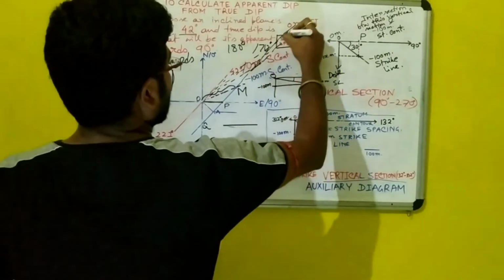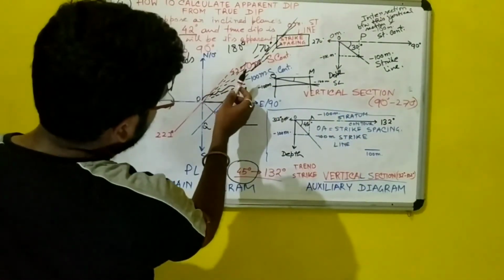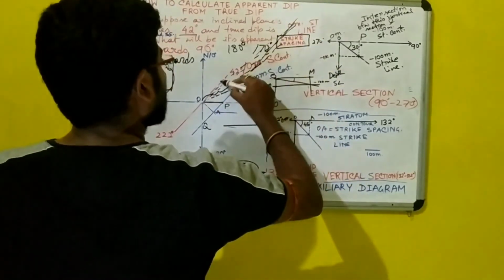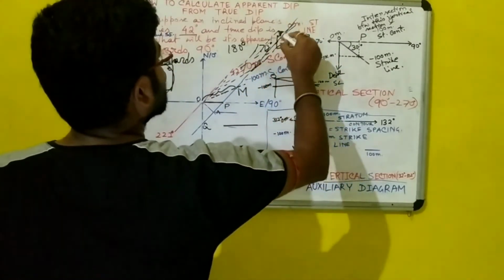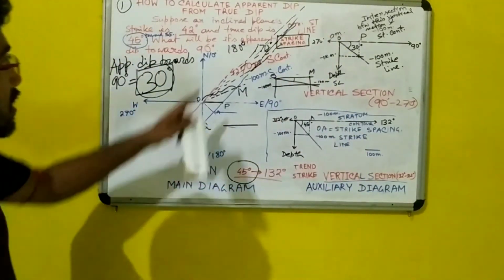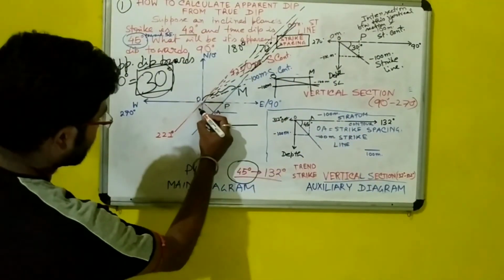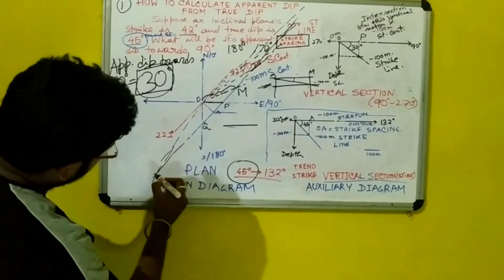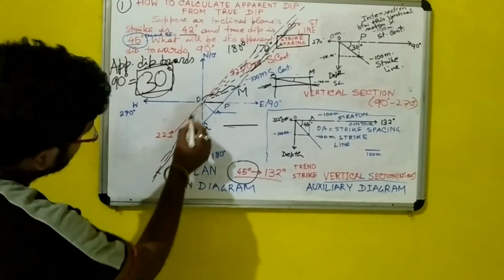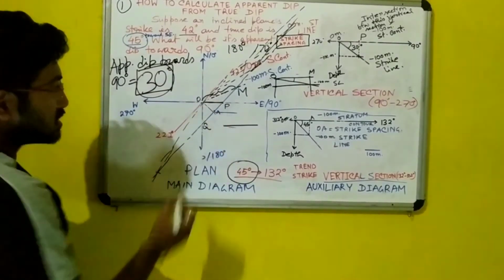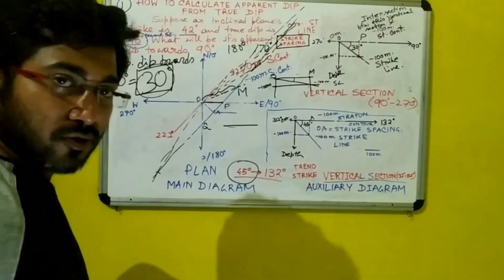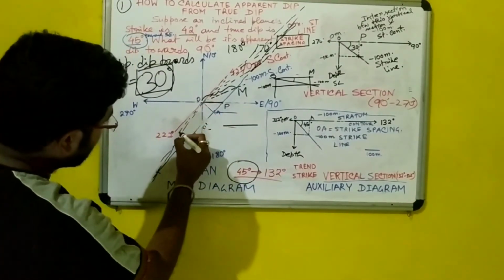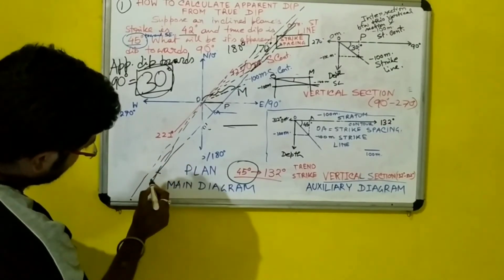If you extend this line, as you are going towards strike, the line will be infinite. Here also, if you go towards strike, the strike spacing will be more. Here the strike spacing is minimum, that is why the angle is most or highest. Here the strike spacing will go on increasing towards infinity.